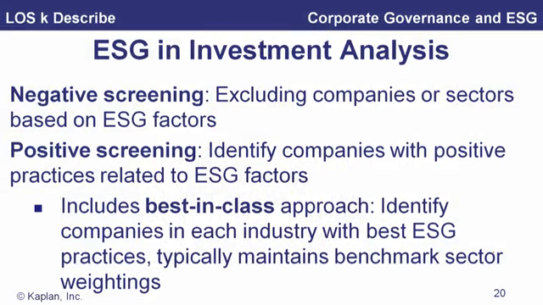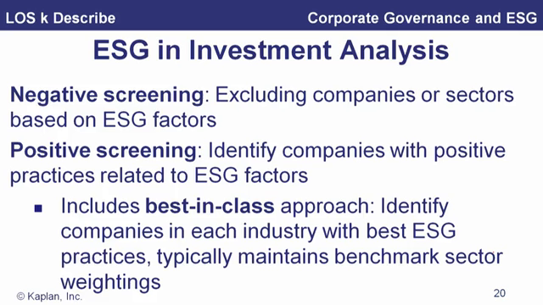Positive screening, on the other hand, refers to the practice of identifying companies with positive practices related to ESG factors. And these may be something like ESG scores that are produced by these third-party evaluators. And within positive screening, one of these approaches is called the best-in-class approach.